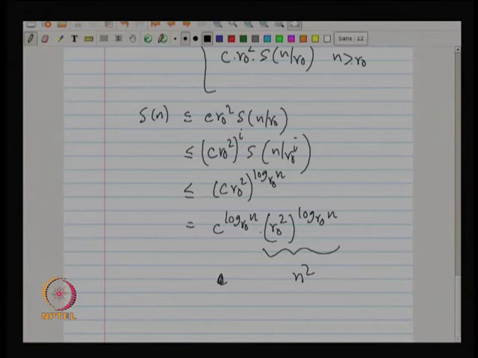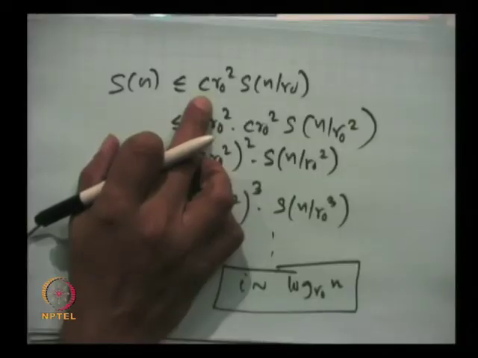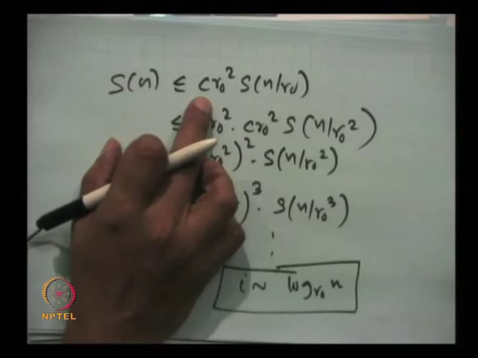If you do manipulations in log, it is n to the power log base R0 of C, am I right? So, the size of the data structure would have been n square except for this nasty little term. Now, R0 is a constant that I choose, and C is a constant that comes from the size of the cutting. So, I can choose R0 as large as I want, and by making R0 larger, I can reduce this term to any small constant.